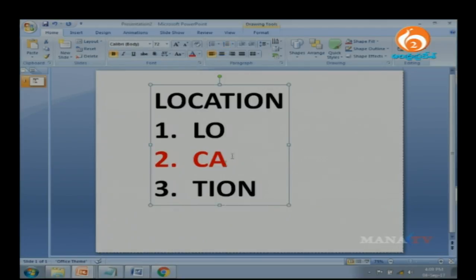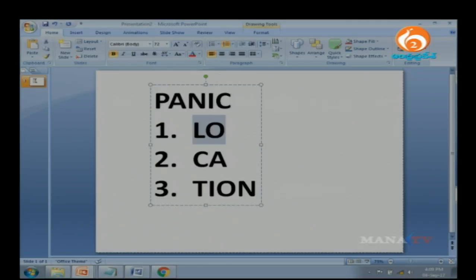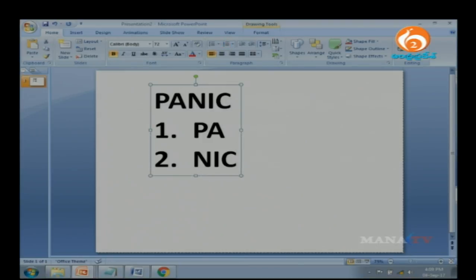So why am I stressing on the second syllable, sometimes on the third syllable or the first syllable? For example, if I have a word which is panic, there are 2 syllables here, pa and nick. When I have a word which has 2 syllables, I am stressing on the first syllable in this particular case, panic.